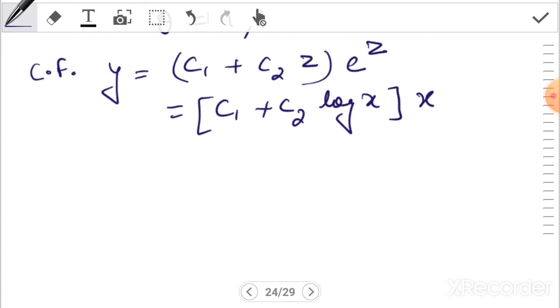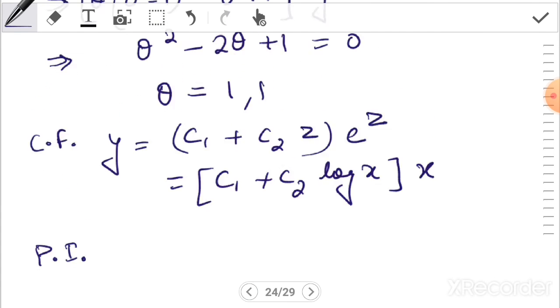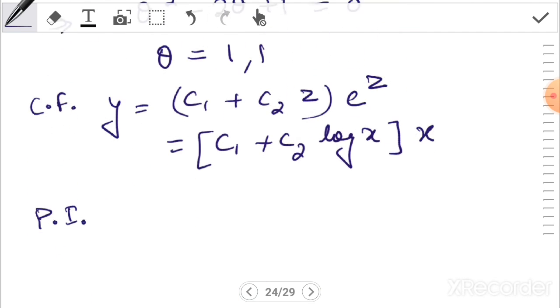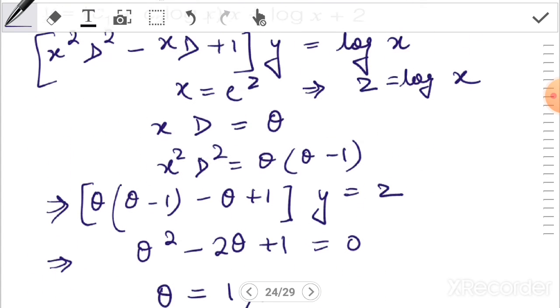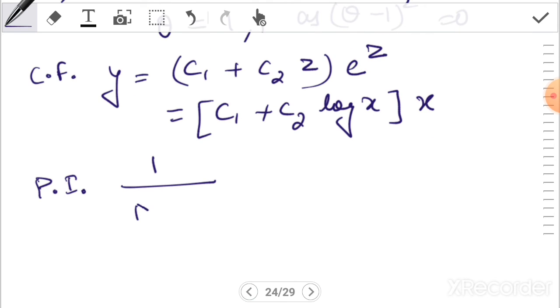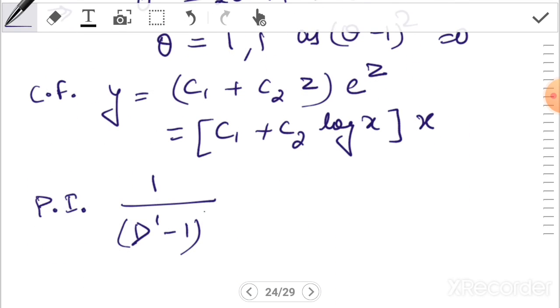Now to find out the particular integral, PI, let us say the operator is 1 by theta minus 1 whole square. Let us take the operator as 1 by (D dash minus 1) square, and log x, which is z.